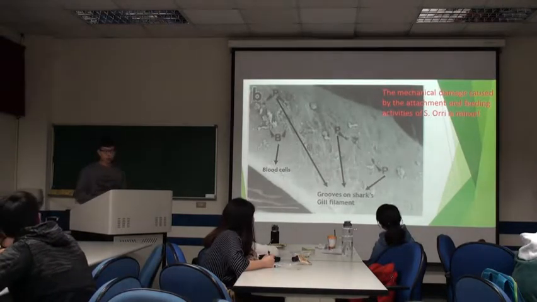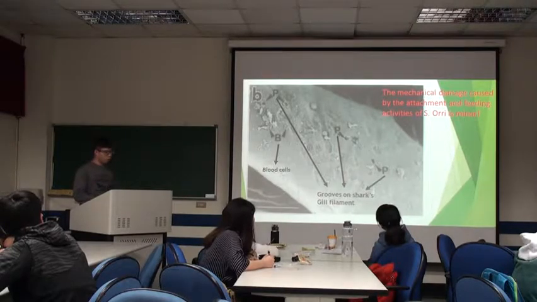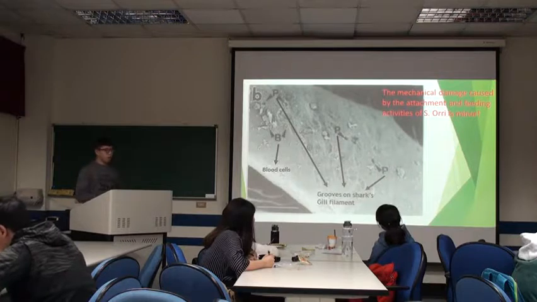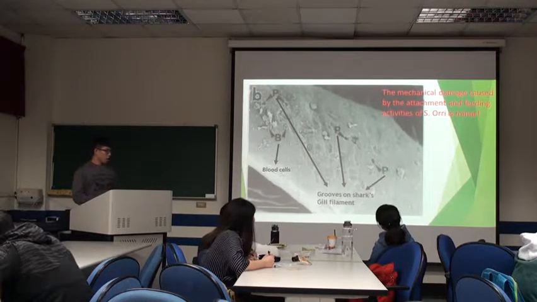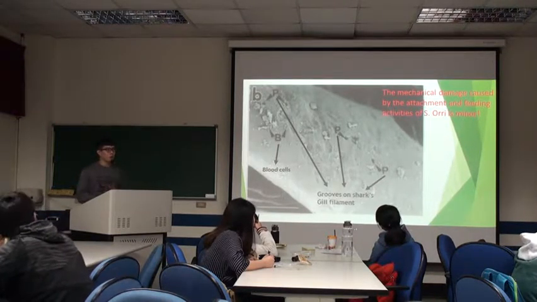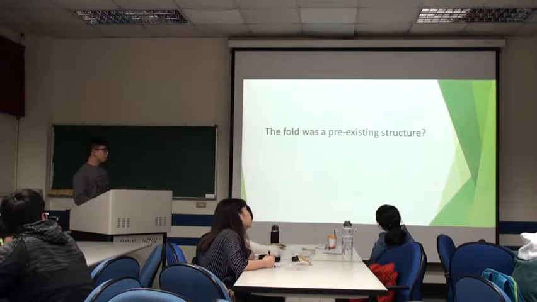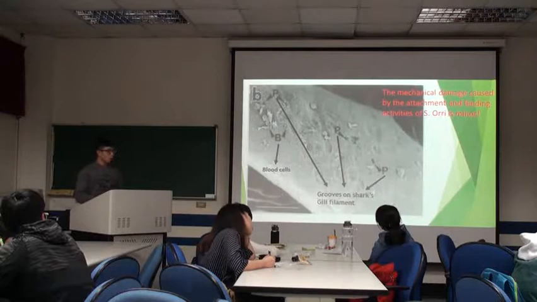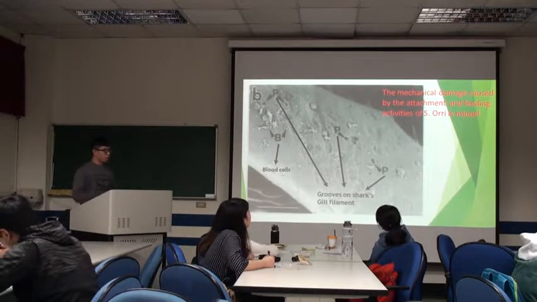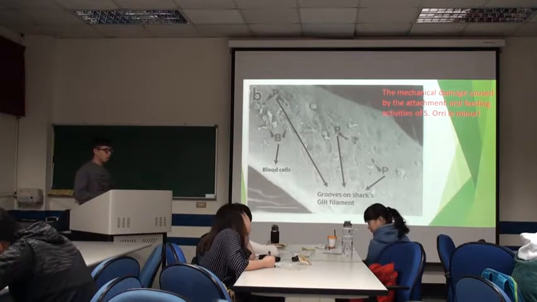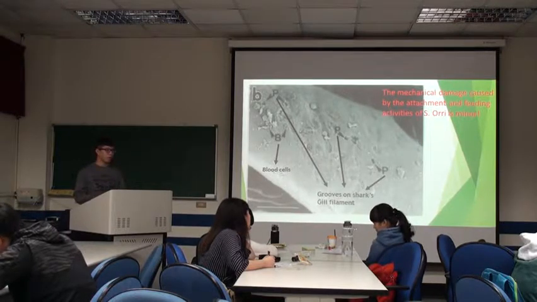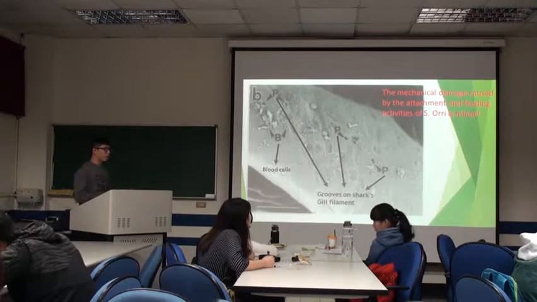Because, as I just mentioned, the mechanical damage caused by the attachment and feeding activities of Sheina orri is minor, and there is no response or little response to it. So I hope I will convince you that we couldn't know whether these folds are a pre-existing structure used as an anchoring site or just caused by the ostracod's actions.